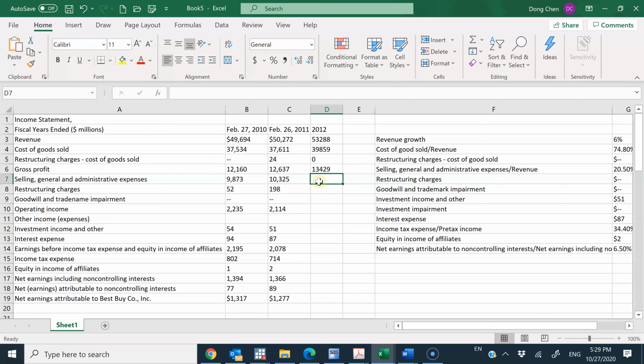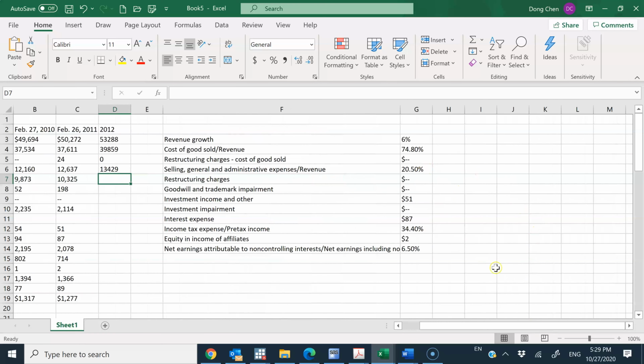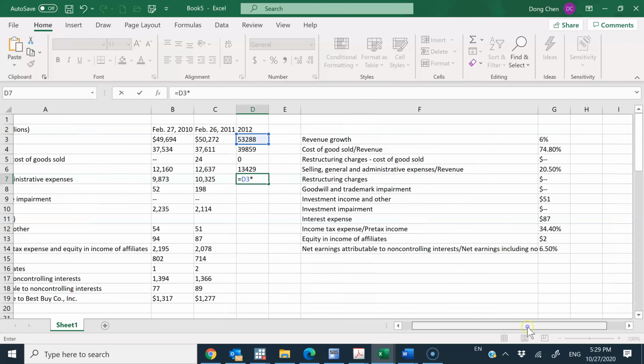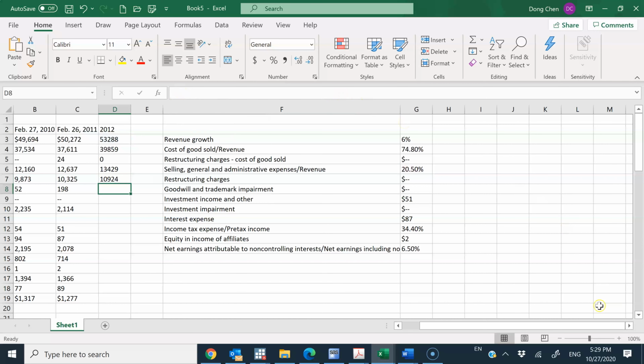And selling, general, and administrative expenses, this is also generally assumed to be a percent of sales. So we can use that information and multiply by the current sales. And again, I want to put a round to 0 decimal places.